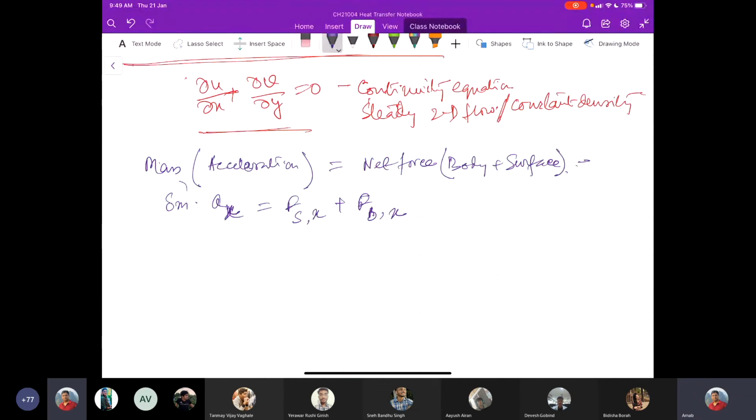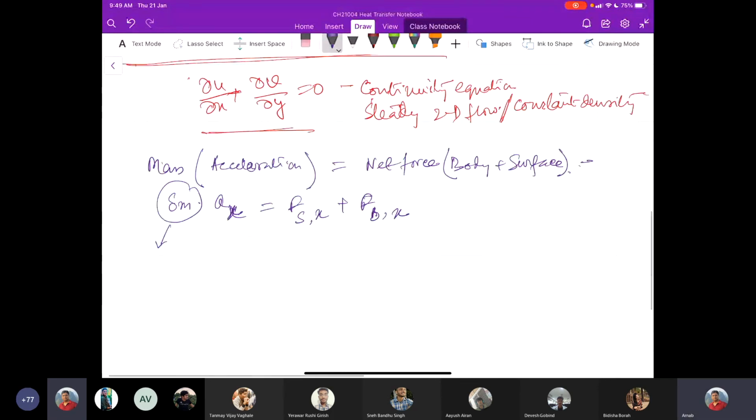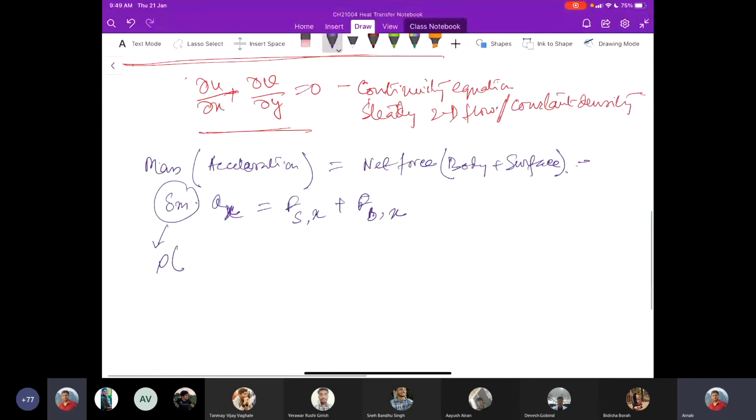Agreed? Where delta m is nothing but rho multiplied by dx dy of unit width in the z direction, assuming a 2D geometry case. Fine.